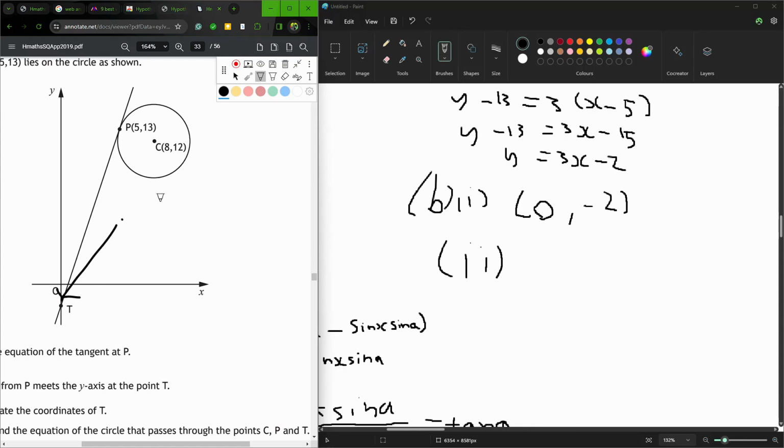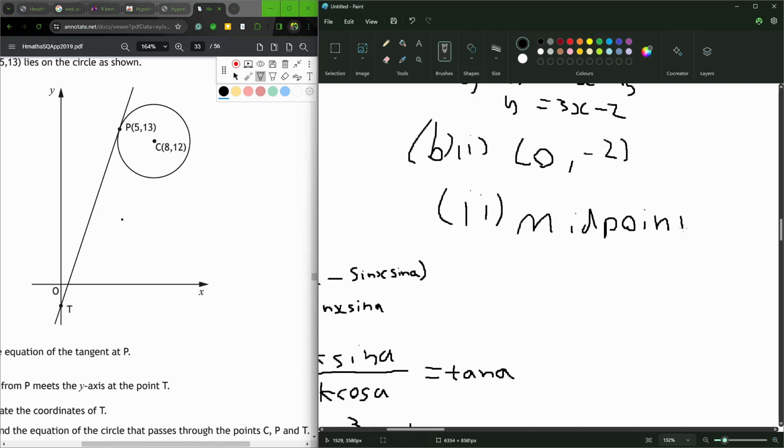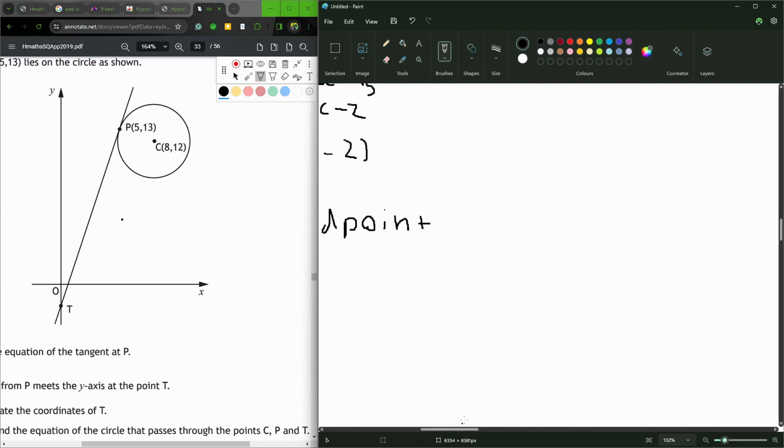So let's go and do that. So the midpoint equals x1 plus x2 over 2.